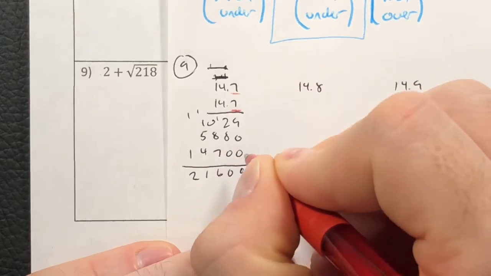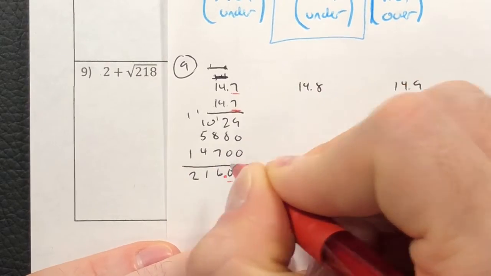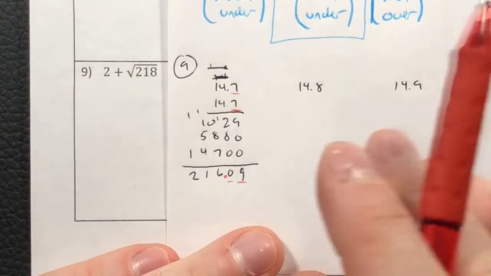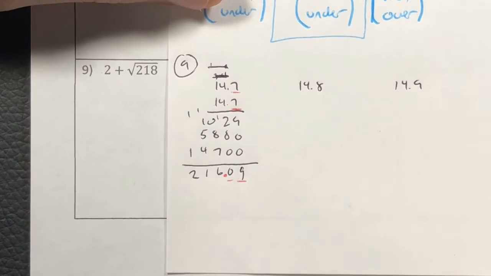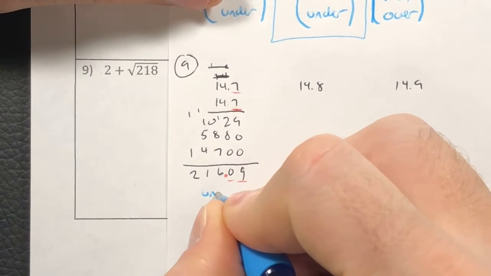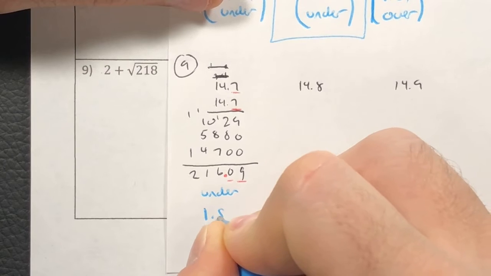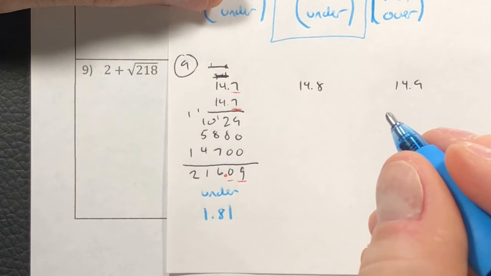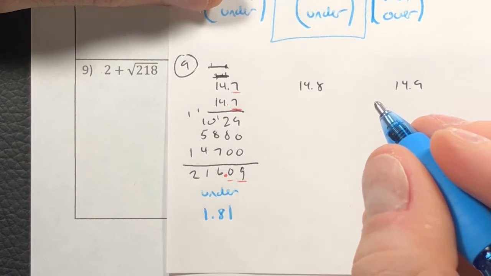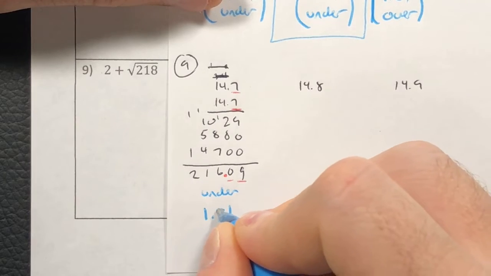I had 2 decimals in the original, which means I'm right there. So I'm almost at my 218. I'm just a little bit below. So I am under by 1.81. No, not 1.81. That's 1.91.